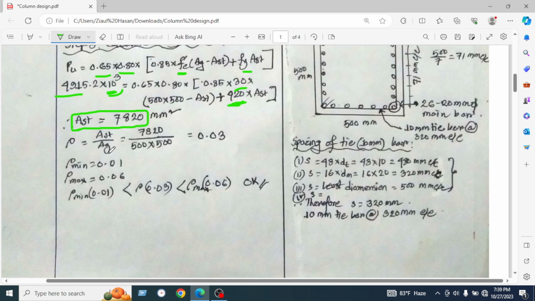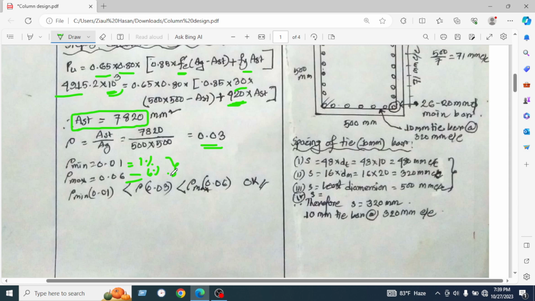This is the steel area, and we have checked the rho value. Rho equals the steel area divided by the area of column, and we have found 0.03, which is between 0.01 and 0.06. As we know, the minimum rho is 1%, and the maximum rho is 6%. How do we get this?